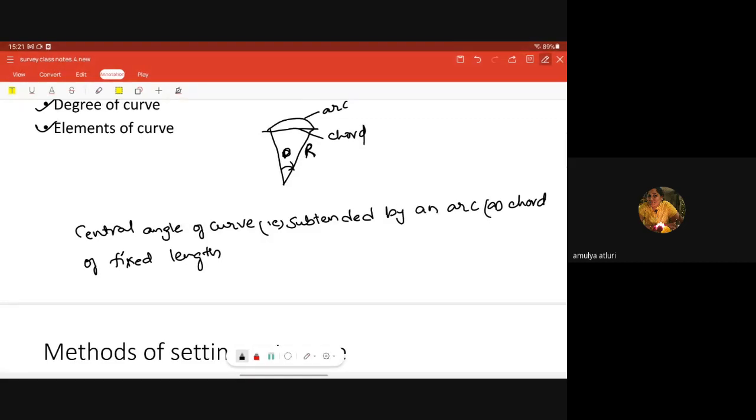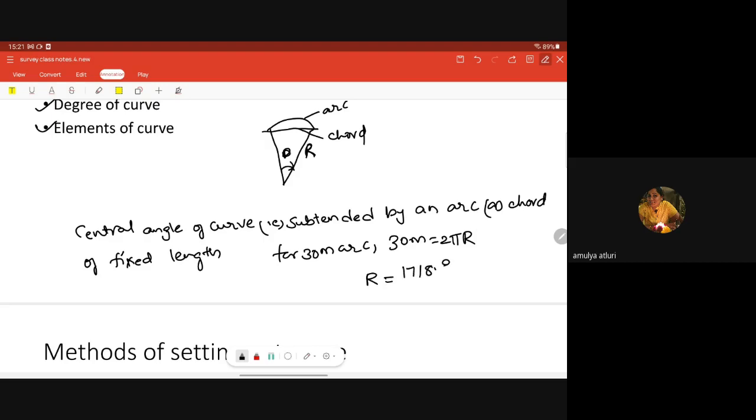So for a 30-meter arc, what will be my relation between the radius of the curve and the degree of the curve? For a 30-meter arc, that means 30 meters is my perimeter, right? Then what is the relation between radius and degree?